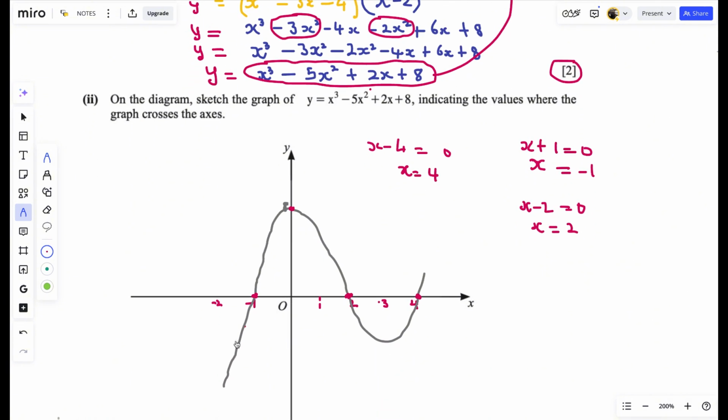So you sketch the graph. Because a cubic graph, you already know, you studied cubic graphs, you already know the way it looks. All you need to know is these points.